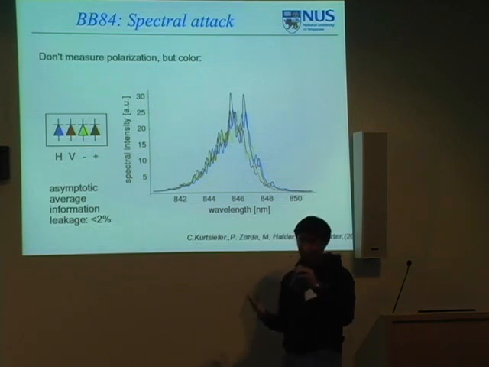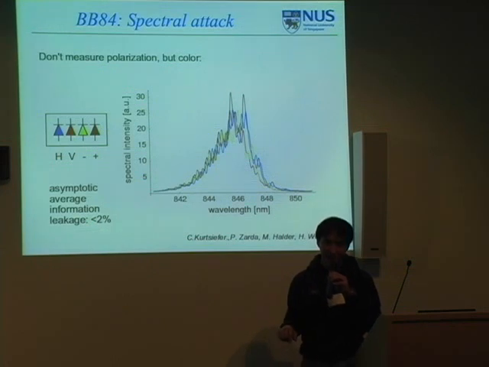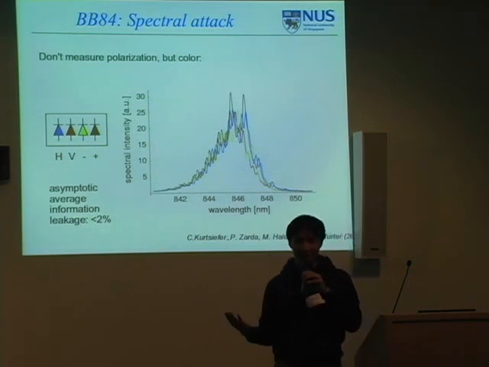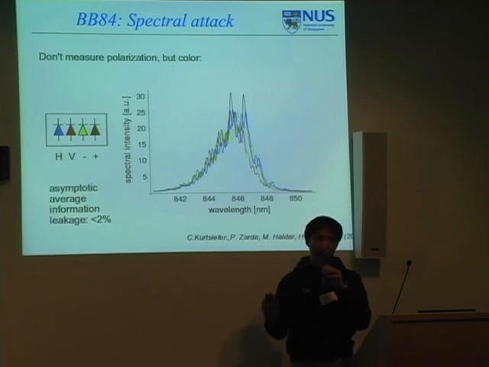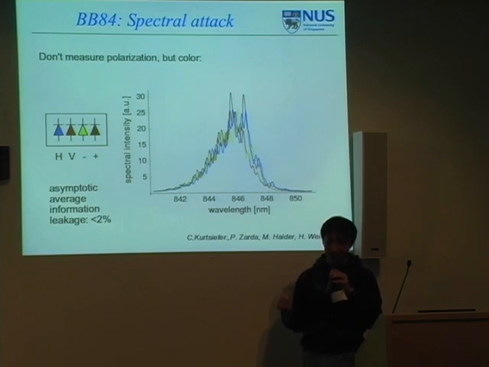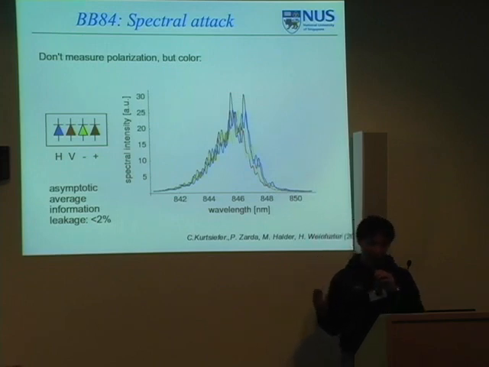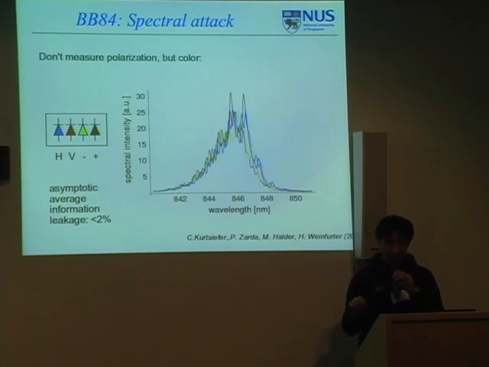Now it turns out there's a flaw in this method, simply because laser diodes are not identical. They do not give you the same spectrum no matter how you try to control the manufacturing process. So in any particular batch that you choose, they're going to have a slightly different optical spectrum.